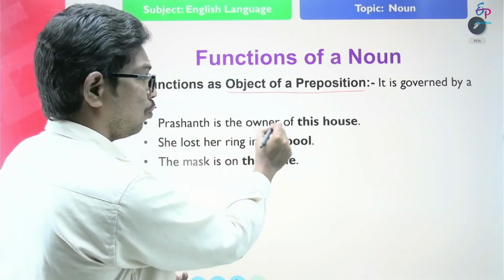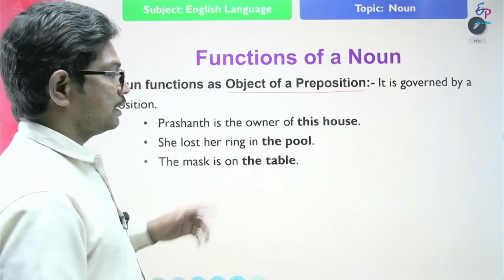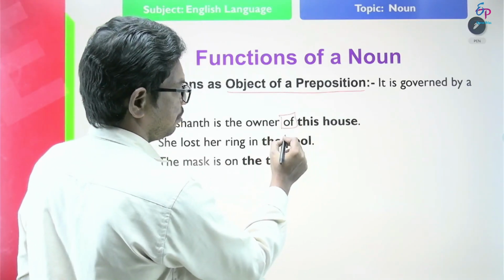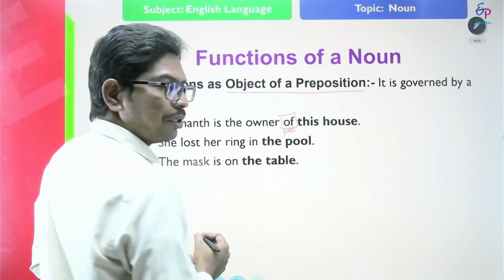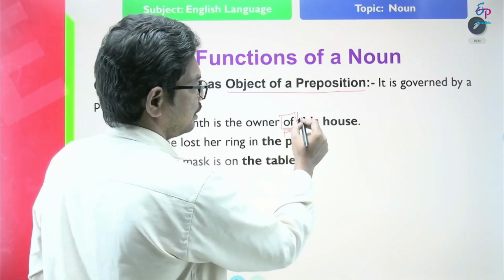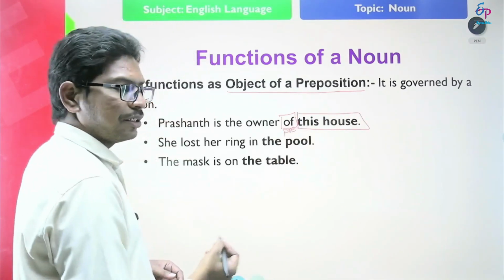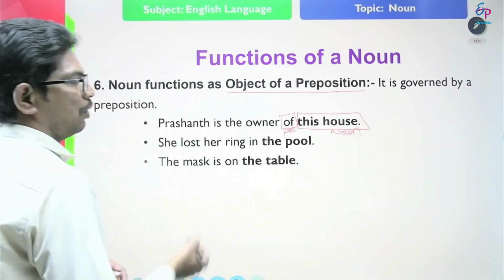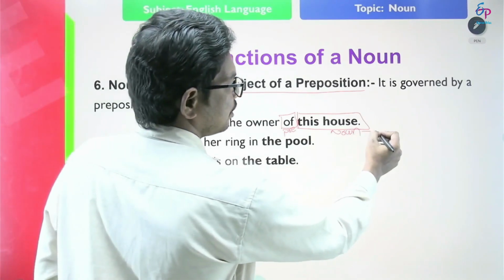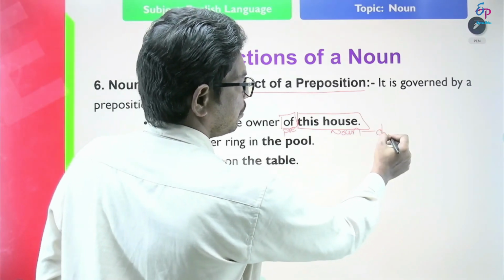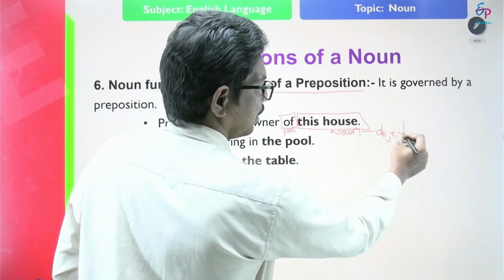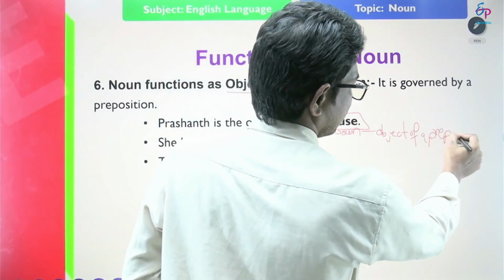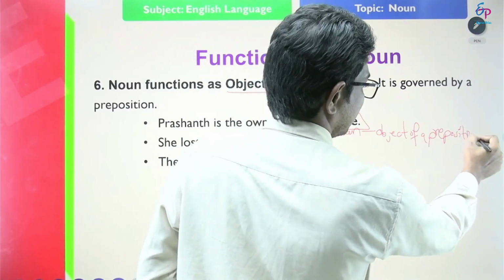Prashant is the owner of this house. In this sentence, what is "of"? This is a preposition. And "this house" is a noun phrase. So here this noun is the object of a preposition. What is that preposition? Of.